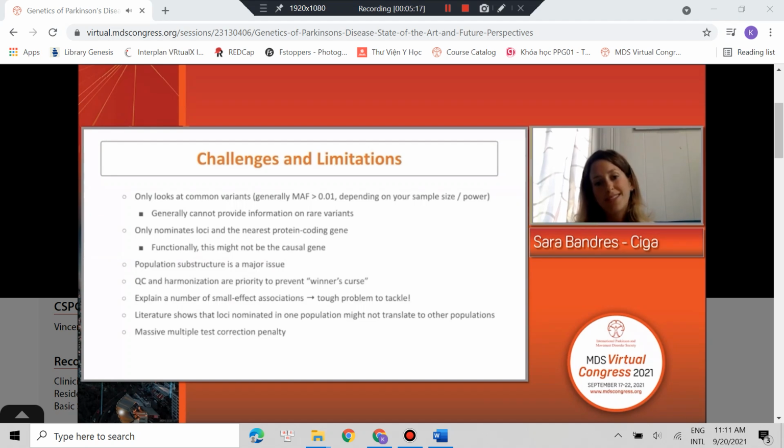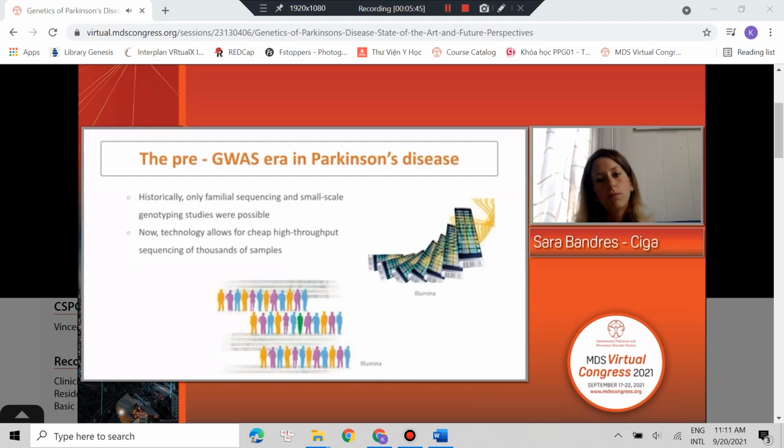GWAS also explains only a small amount of effect associations, which, as I said, functionally can be a tough problem to tackle. And additionally, because we are screening on a large scale, there is a massive multiple testing correction penalty, and therefore we need really large sample sizes to get some insights into the disease etiology.